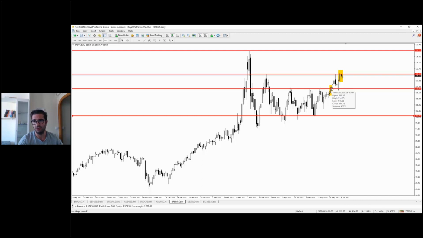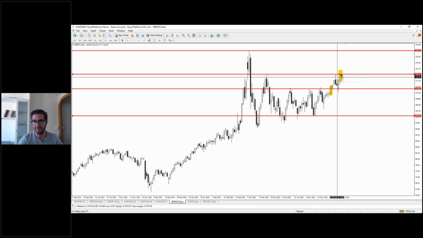So we have a bullish bar that closed above the 113, which was a good sign that the market will continue to the upside. And this is what happened. The market moved to the upside until the previous swing high, which is here, 120 or 119, around 120.